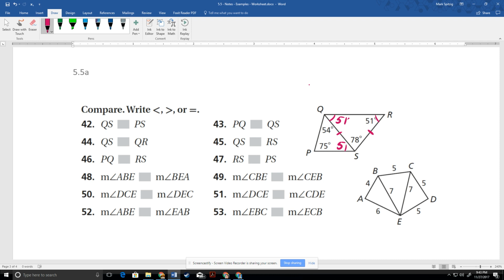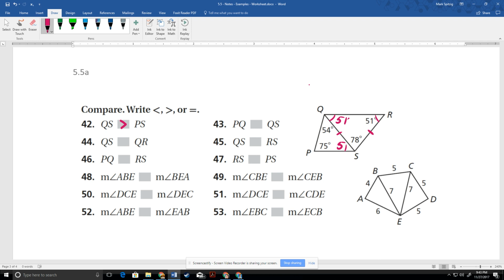Okay, so QS and PS. Well, QS is opposite 75, and PS is opposite 54. So QS is going to be bigger than PS because it's opposite the larger angle, and they're part of the same triangle. I can compare them because they're part of the same triangle. All right, PQ and QS. Well, PQ is opposite the 51, and QS is opposite 75.